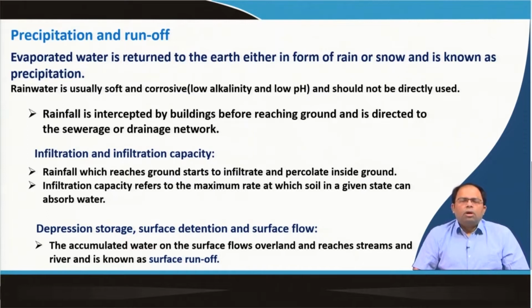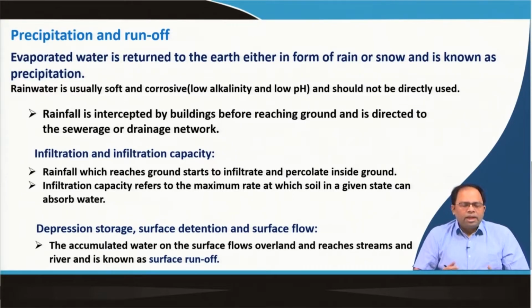The rainfall that falls on the rooftop is usually drained from the roof by means of rainwater pipes, and then this water goes directly into the drainage network, through the drainage network of the city, or the sewerage network. The water is transported towards the treatment plants or to the final disposal points, which could be streams or rivers and so on. So, this rainfall is already entering the pipelines or the drainage channels, and does not generate any kind of runoff, right.